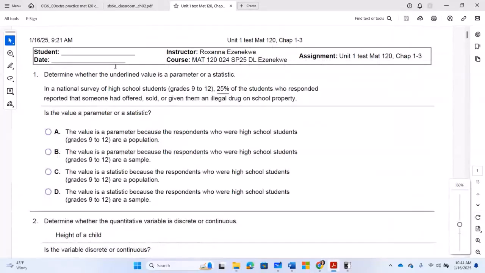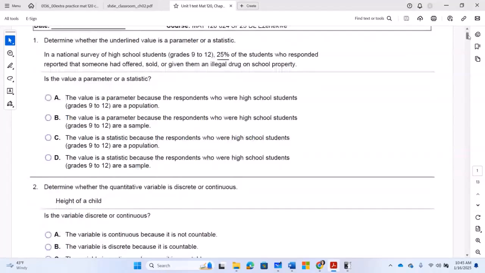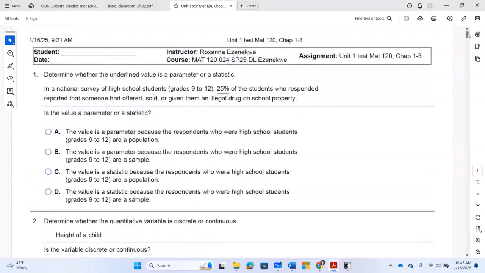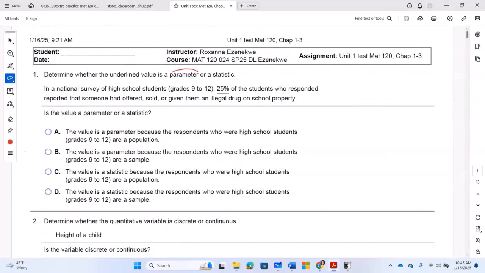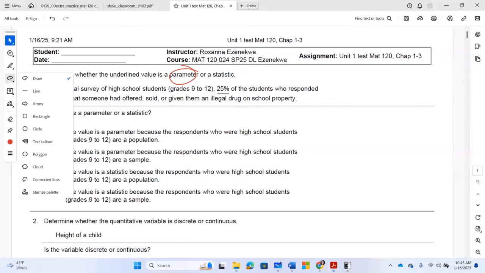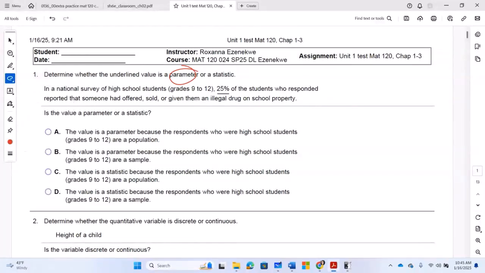It says determine whether the underlined is a parameter or a statistic. This question is from chapter 1. You already know that if it's a parameter, it's a characteristic of a population. If it's a statistic, it's a characteristic of a sample.